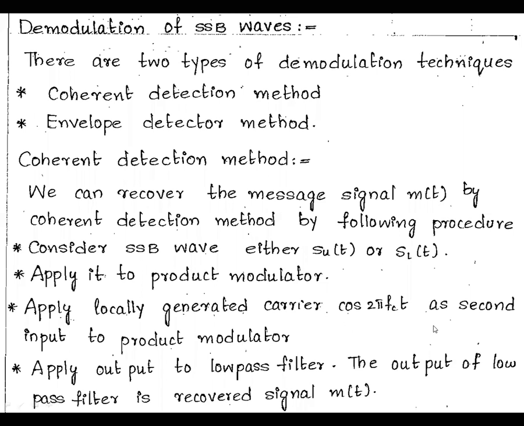Then apply the output to the low pass filter. The product multiplier output is given to the low pass filter. The output of the low pass filter is the recovered m of t signal. Okay, this is the procedure.